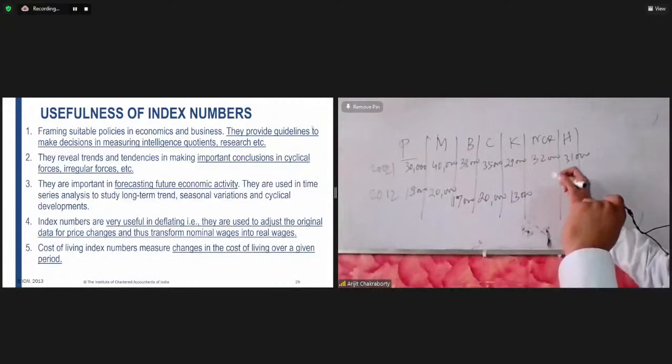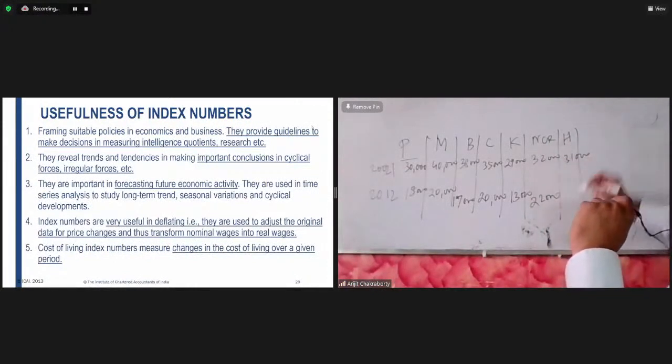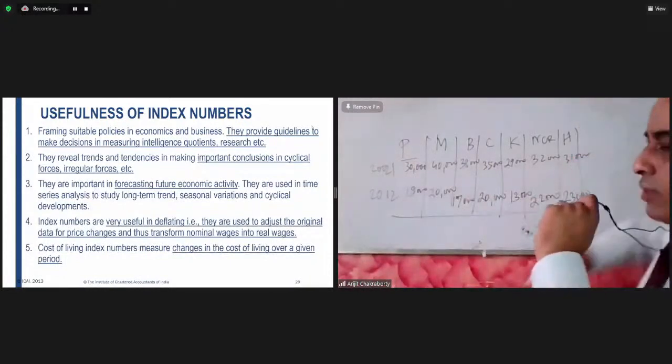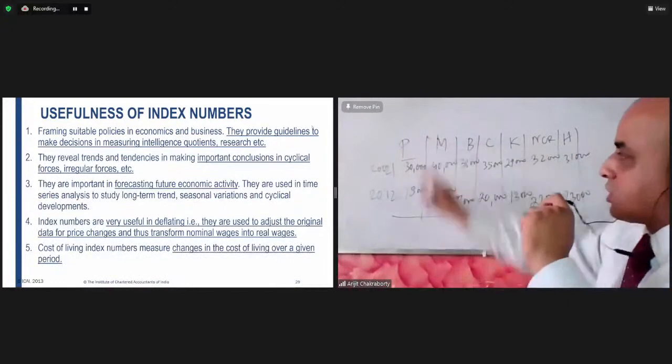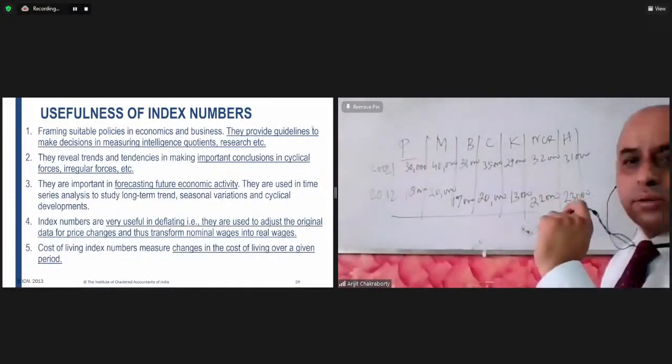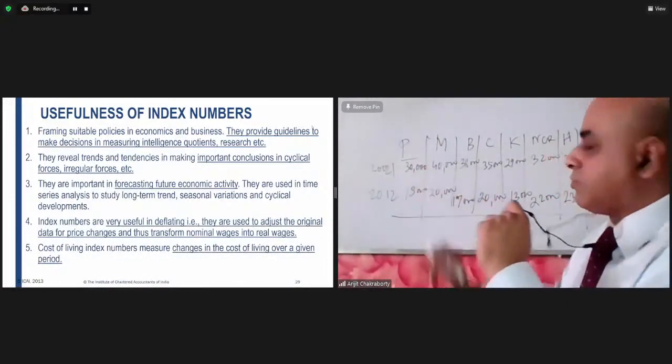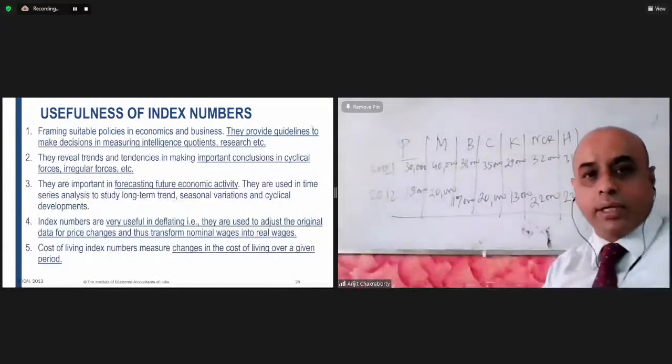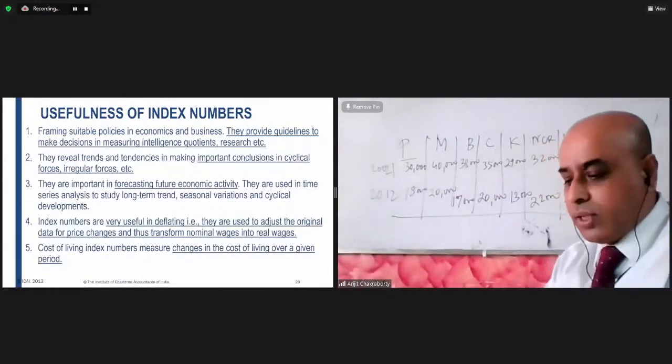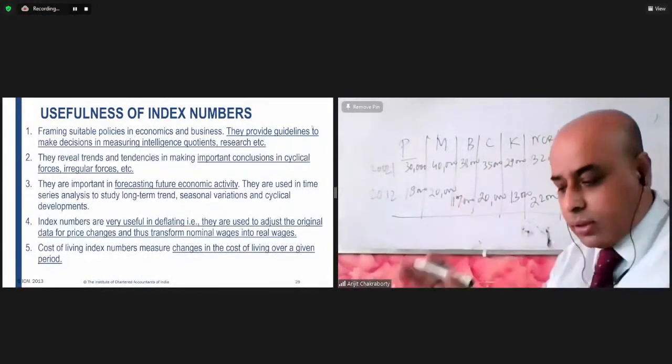NCR, National Capital Region, say it was 22,000, and Hyderabad, say it was 23,000. So from here, you can find out the cost of living index for each of the cities. So let us do it for Pune. 30,000 by 18,000. Let's quickly calculate, and we will find out the cost of living index for the entire country as a whole on the basis of an average.